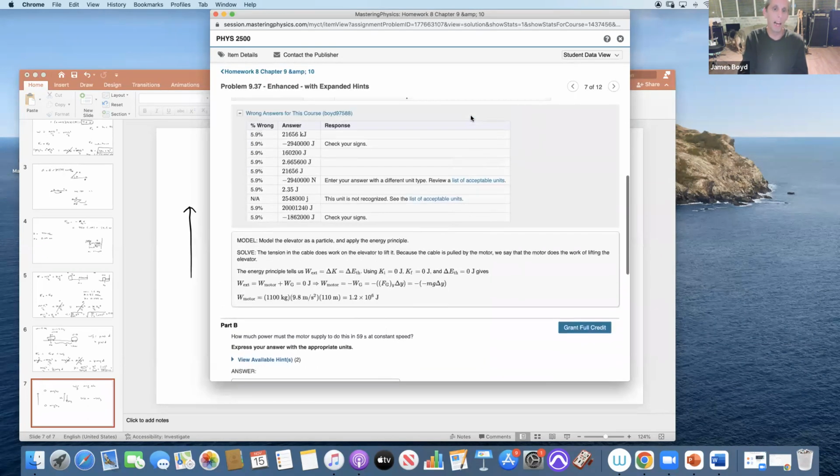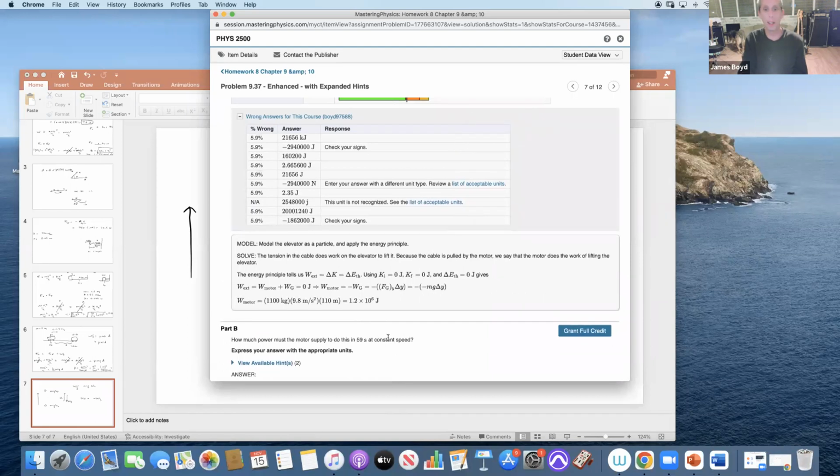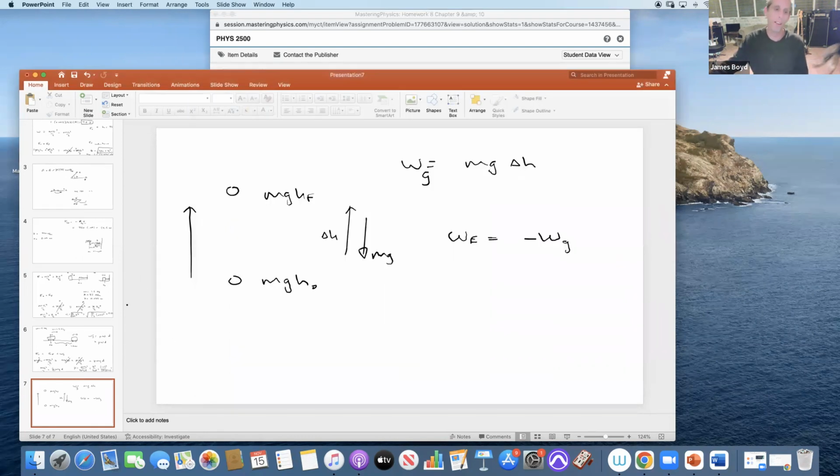Now, how much power if it does this work at a constant speed in 59 seconds? Now, power is the change of energy over the change of time, but the change of energy is the work. So power is work over time. Another definition of power is d/dt of the work, which is force times distance.